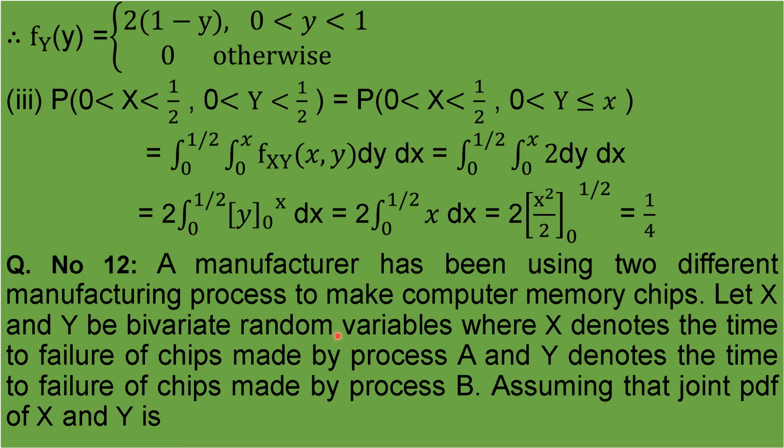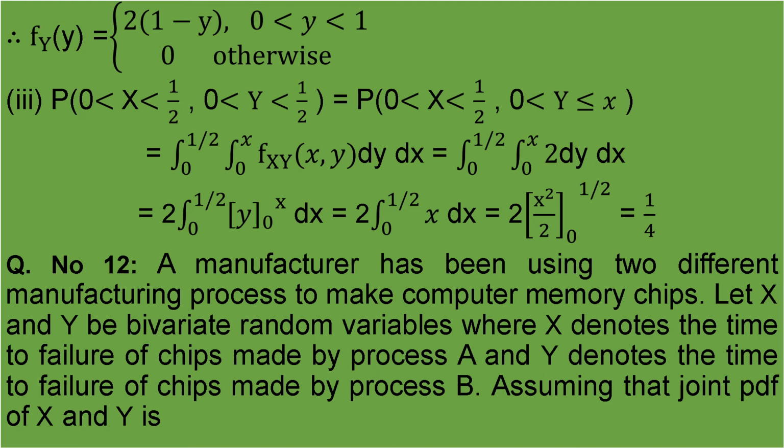Let x and y be bivariate random variables, where x denotes the time to failure of a chip made by process E, and y denotes the time to failure of a chip made by process B. Here x denotes the expiry time of the chip made through process E, and y denotes the time to failure of a chip made by process B.